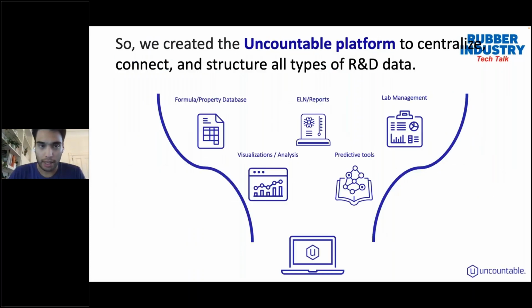So what Uncountable acts as is this all-in-one R&D software solution. But what makes us different versus traditional solutions is that everything within the system in Uncountable revolves around this formula and property database. So think about all the information that goes into an experiment.